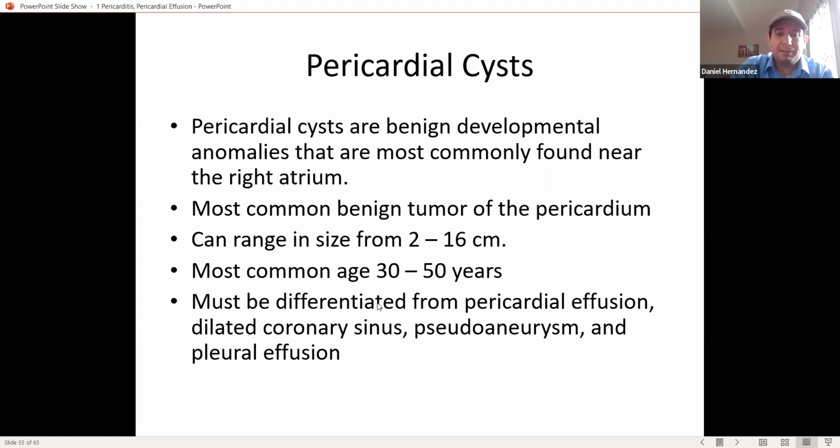Most commonly seen in middle age, between 30 and 50 years of age. But they must be differentiated from pericardial effusion. They could potentially be mistaken for a dilated coronary sinus, a pseudoaneurysm, or a pleural effusion.